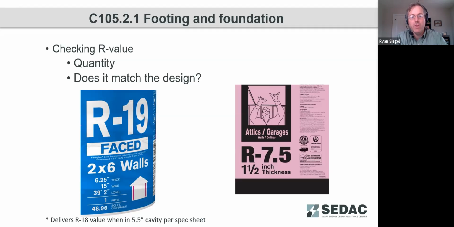So again, being aware of that. Foam and sheet good products tend to have a little less issue with this. However, sealing between panels becomes very important for sheet goods. So here it's stating its R value again at a given thickness.